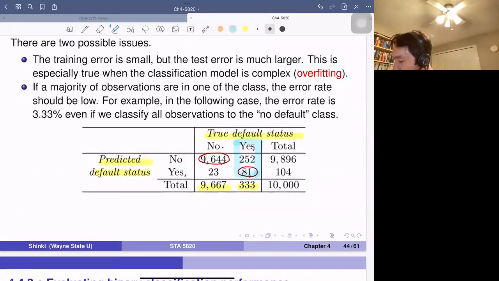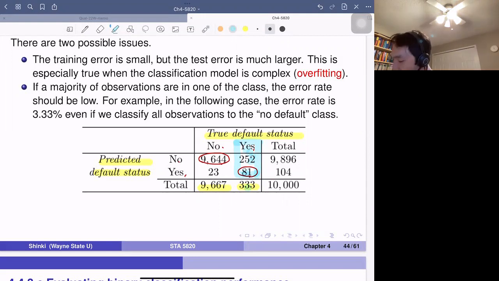So basically we couldn't evaluate the risk for these people. And only 81 out of 333 are classified as in default. So out of 333, we only got 81 correct answers. So it's not that good.